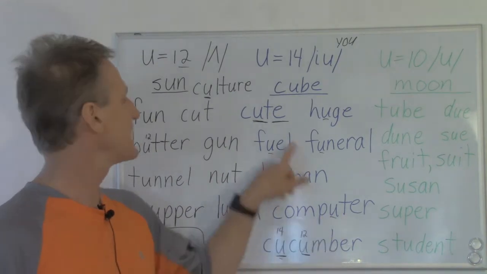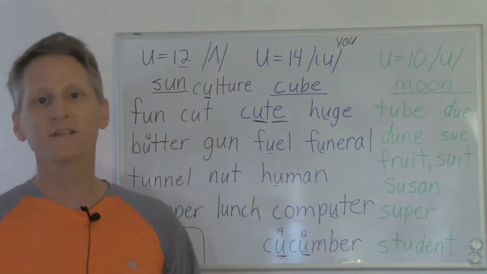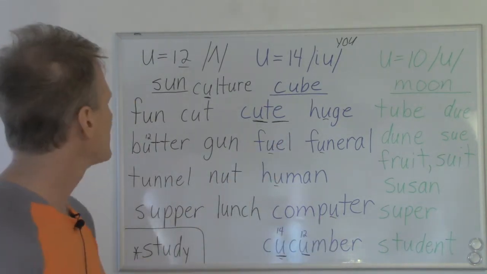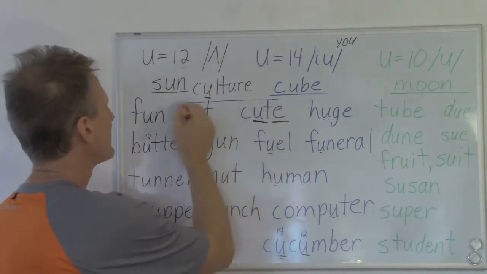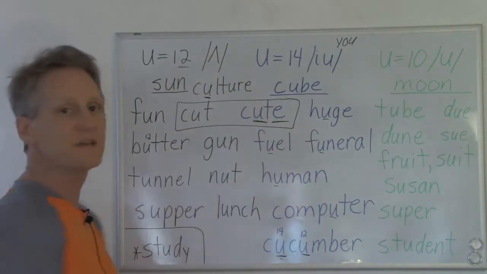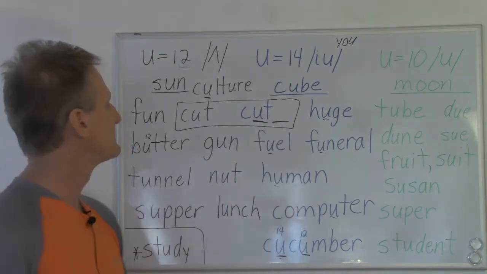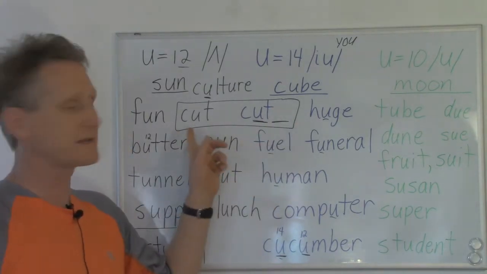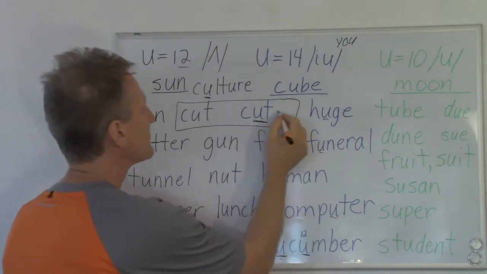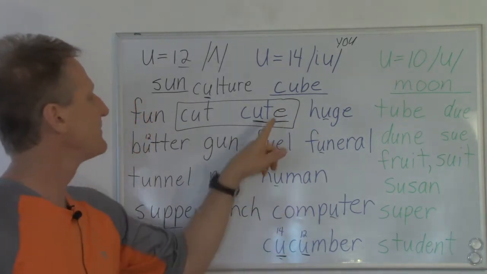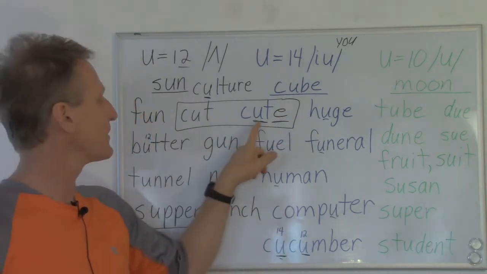We refer to this as silent E because its only function is to help distinguish these two words. If we eliminate this letter, we have the word cut. So the function of this silent E is an instruction to the reader.